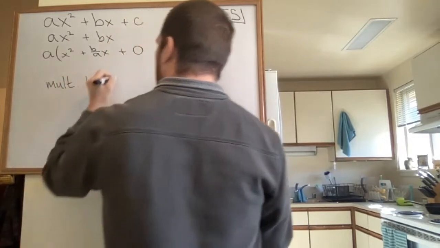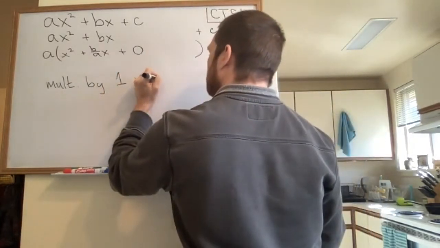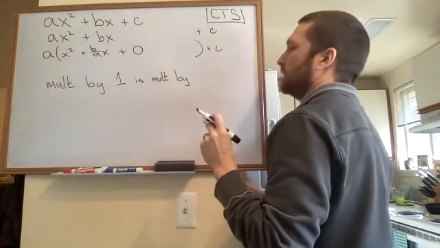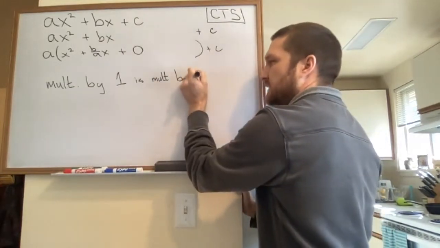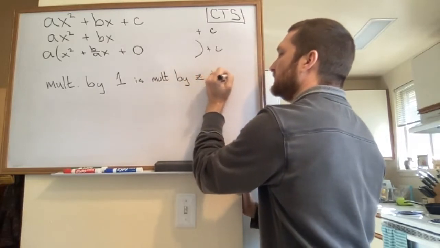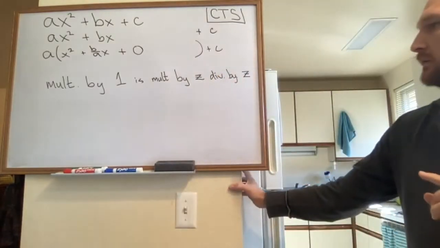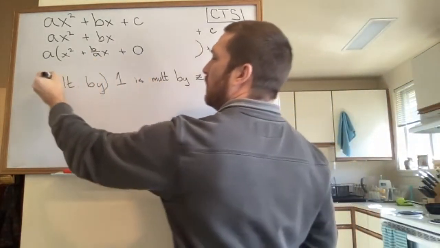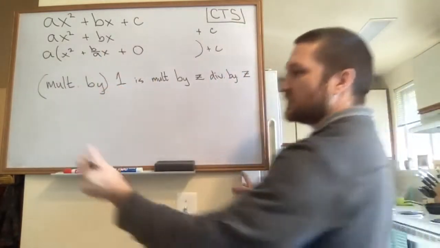Multiply by 1 is, instead of writing out something, I'm going to write z divided by z. Okay. We want to multiply. So this is the previous thing. Multiply by 1. Remember, that's what we did.